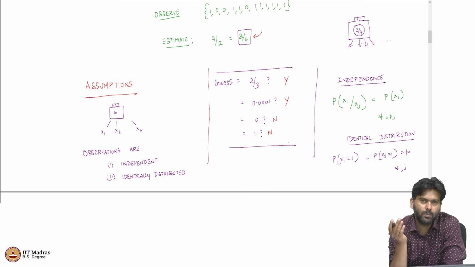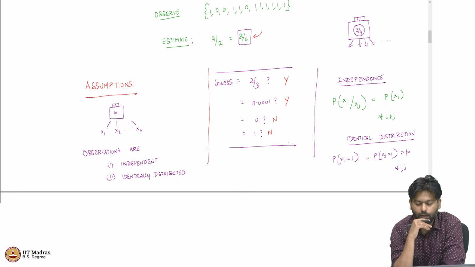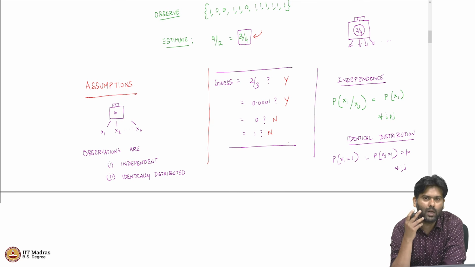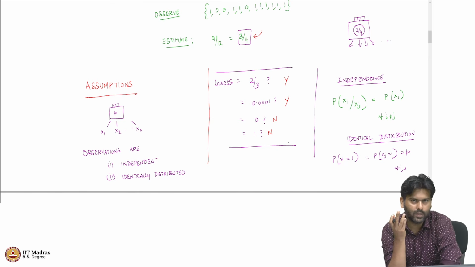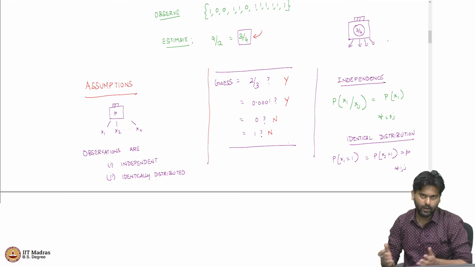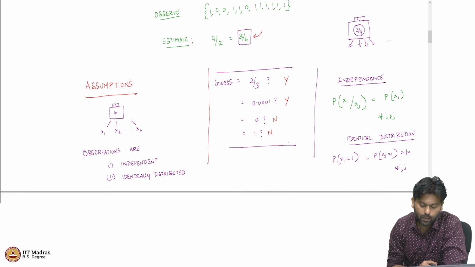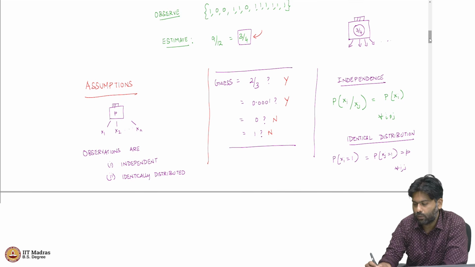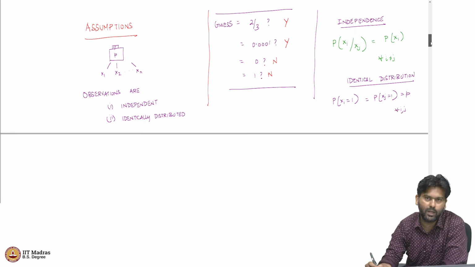Is there a more principled way to say 2/3 is a better guess than, let us say, 0.0001, or 3/4 is a better guess than any other guess? If so, then yes, guessing 3/4 might make sense in a certain way. Otherwise this 3/4 seems to be arbitrary. It is intuitive that you should guess the chance as the fraction of heads in your data, but it's not yet very principled. So the question is, is there a principled way to get estimators from data?